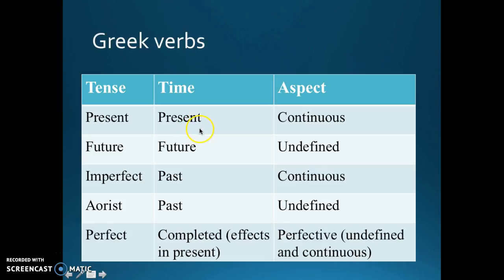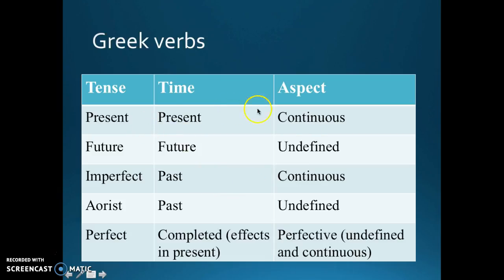Indicative mood would be present tense happening in the present time, and it could be like Jane hitting the ball. The hitting could be continuous, as one way. The future tense happening in the future time can be undefined because we're not sure what it is just yet. Imperfect is a continuous action that happens in the past.